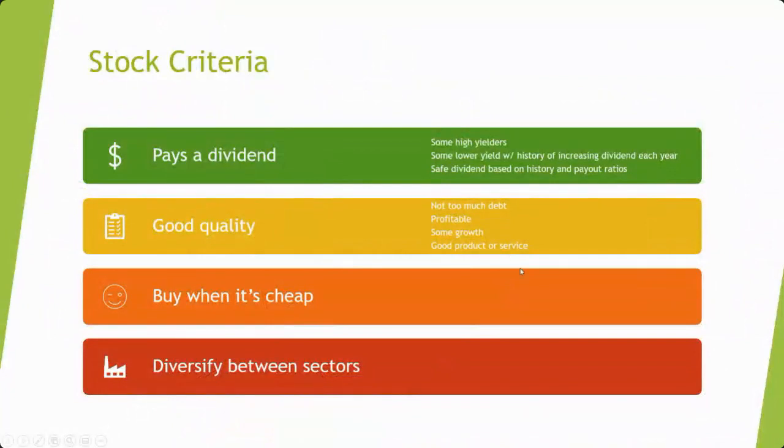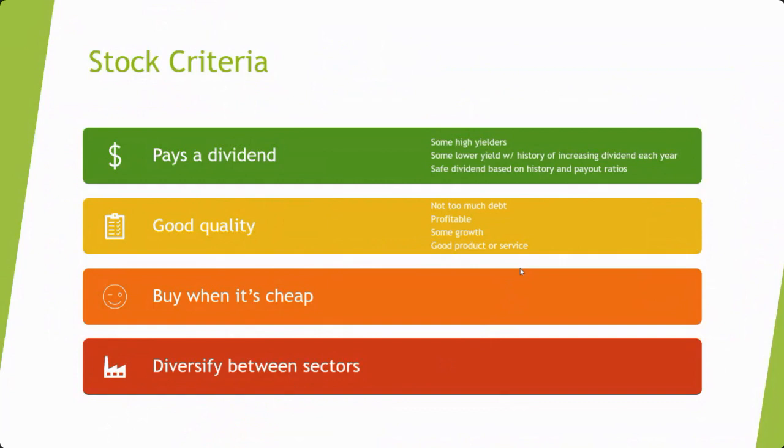So when I look to buy a stock, I have certain criteria that I look for. I want it to pay a dividend, and I want that dividend to be safe. Some pay huge dividends, and some pay tiny little dividends that grow every year as the company raises them.